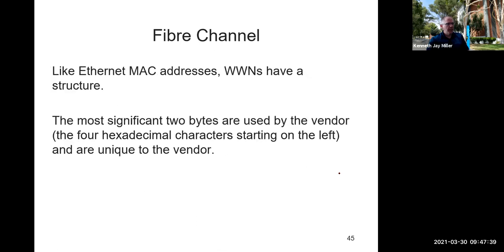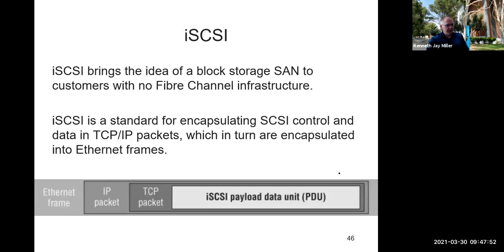All right. Now, the most significant 2 bytes are used by the vendor, the 4 hexadecimal characters starting on the left, and are unique to the vendor, and then the remaining are there.